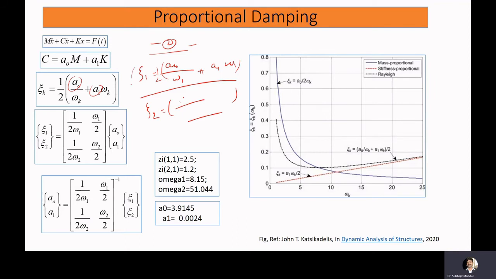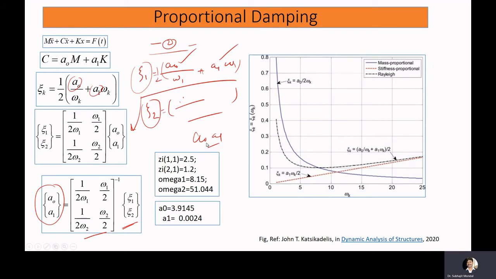Now we have two equations and two unknowns. We can solve it. We can write these in matrix form, get the inverse of it, solve the problem, and identify A0 and A1. Here I'll show you how we can identify them.